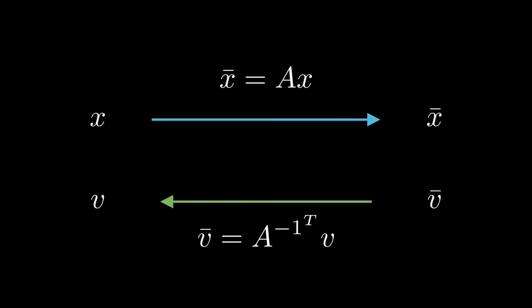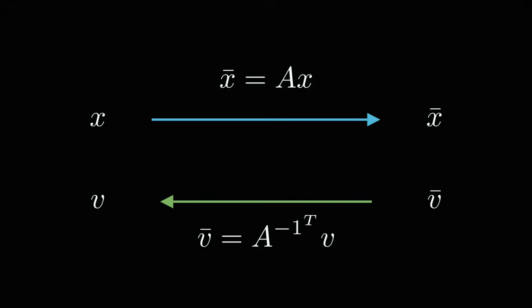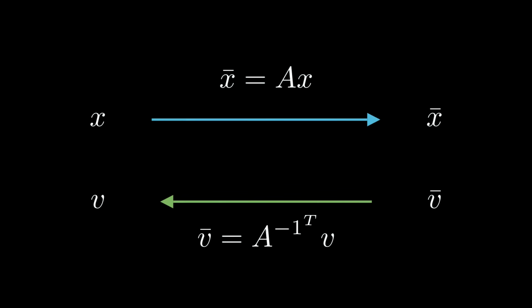We still have two sets of two vectors, and for each set we pick only one vector, then use some rule to find the other. To do that, let's solve this equation for v, to get v equals A transpose v bar. And now we're finally looking square on at the transpose of A.